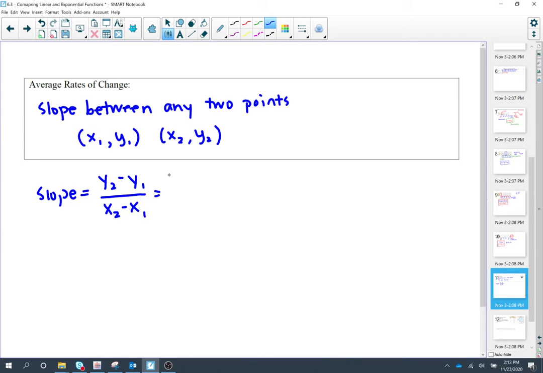The other way that we've been known to say that is that it's the change in y over the change in x, where those are deltas, and they mean change. So change in our y values over change in our x values.